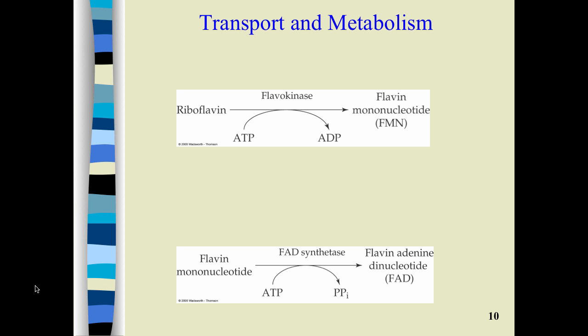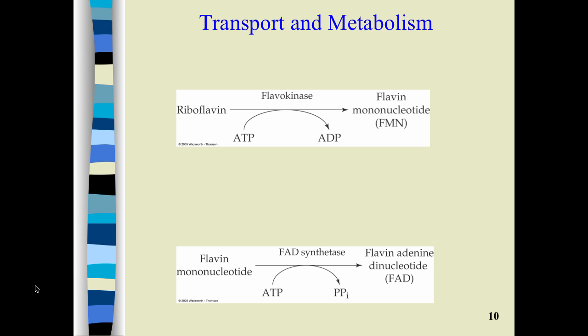Now, almost any cell in the body can do this. It can go from riboflavin to FMN to FAD. Because FMN and FAD are so important for coenzymes, lots of cells can convert them. Do you guys know one example of what FAD is needed for? Energy, more specifically.